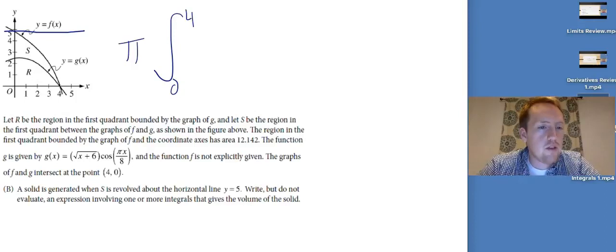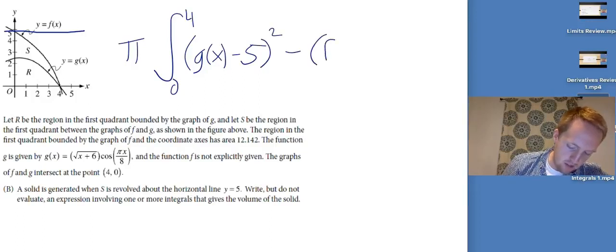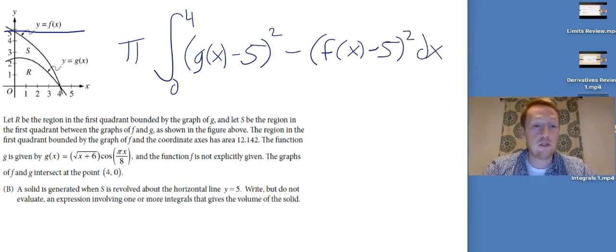Should I use g of x first or should I use f of x first? Well, g is further from the axis of rotation, so it should go first. So this is g of x minus the axis of rotation, which is 5, squared, minus f of x minus 5 squared dx. That's all there is to it. They didn't even want us to evaluate this one. Just had to set it up.